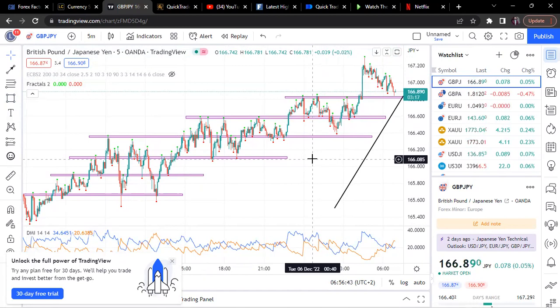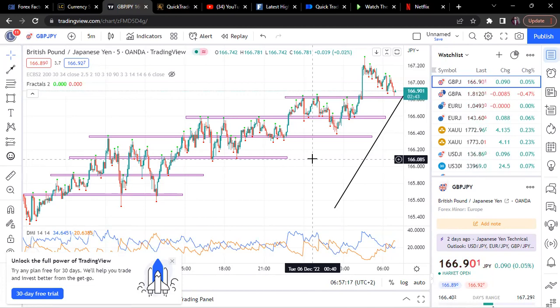Why is it important to identify all the ceilings? Because on an uptrend, our duty is to buy on top of ceilings. It is very critical for us to identify all those ceilings because a ceiling is going to turn into a floor. Once price breaks a certain ceiling, it has to come back and respect that ceiling as now a floor.